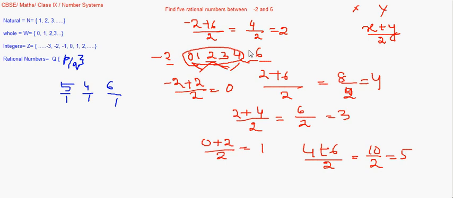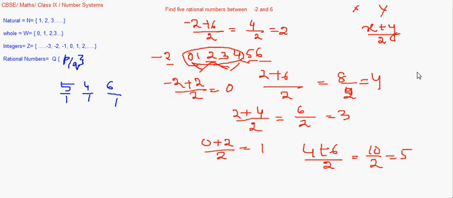Now this method, which I keep on doing to find as many rational numbers as I want, at a certain stage might be difficult, suppose 30 rational numbers are to be found between -2 and 6, or there are questions with fractions.